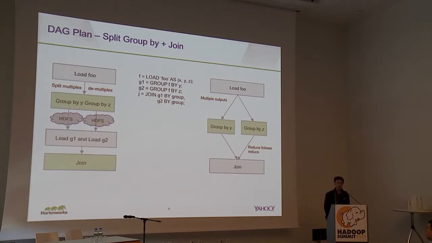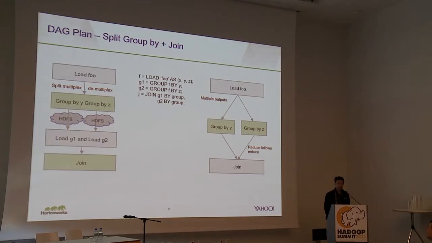So let's take a look at a typical Pig script to see what we did in the Tez plan. This Pig script loads the data, and then does group on different keys. After that, we join the results of the two groups.